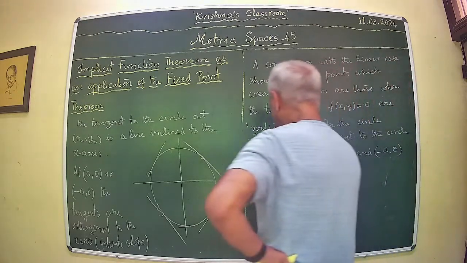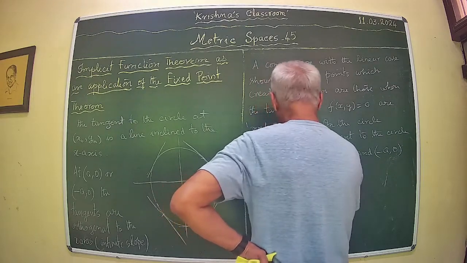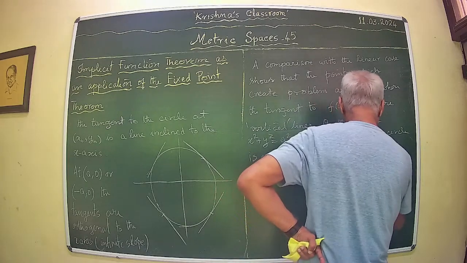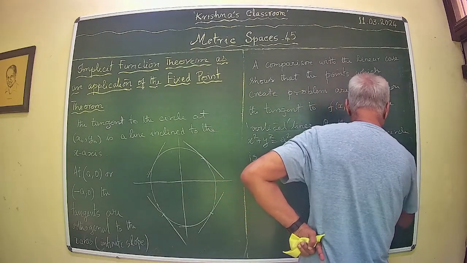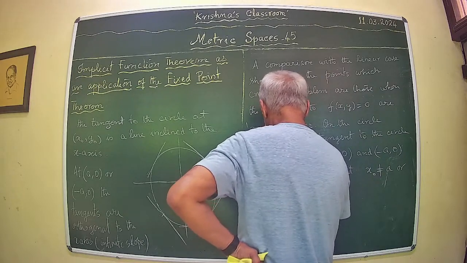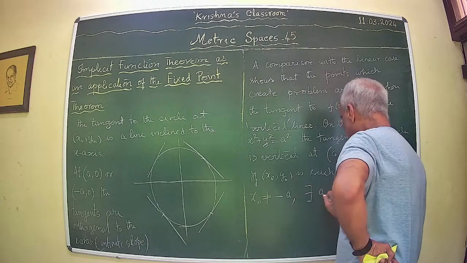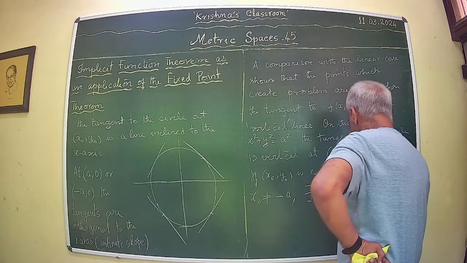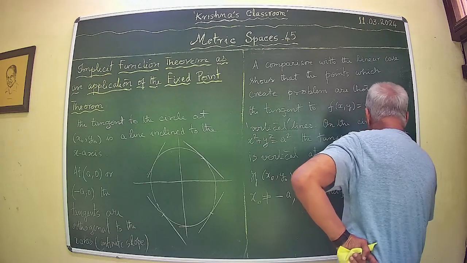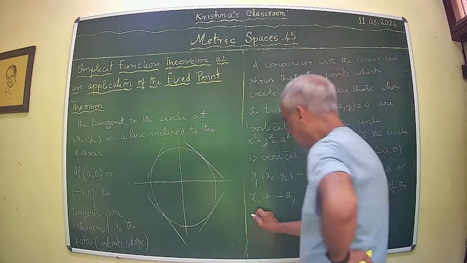So if x0 is such that it is not a or minus a, there always exists a neighborhood of x0 where y is a function of x.